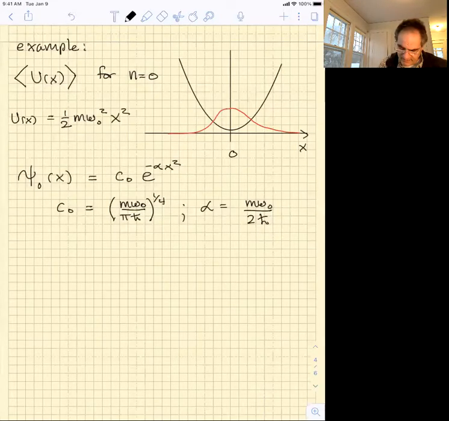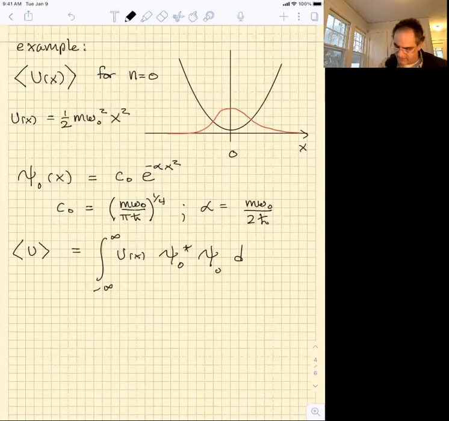Therefore, using this, the expectation value of the potential energy will be the integral over all possible values of position of U of x times psi 0 star times psi 0 dx.